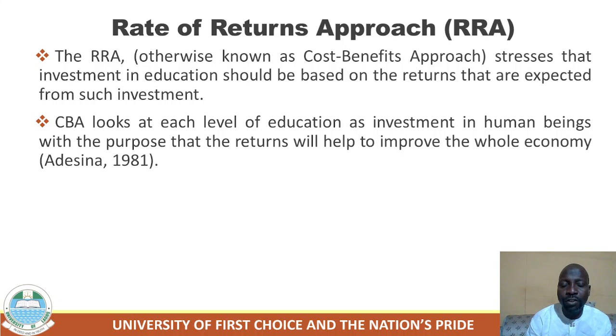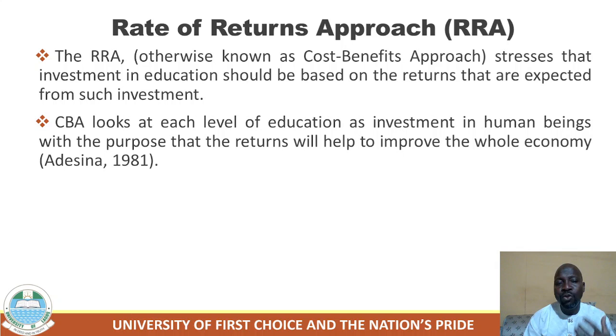But if cost is lesser than benefit, then it really makes sense. So you have to go for that type of educational program because what you are expecting from your investment is far greater than what you are going to spend. But if cost and benefit are the same, then you have to use your discretion to see if it is still worthwhile to invest in that type of educational program.